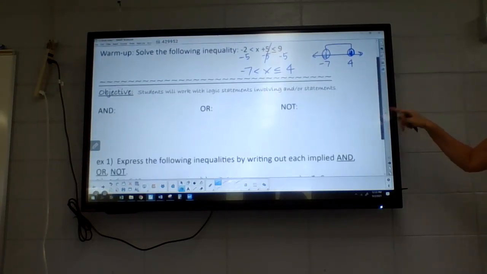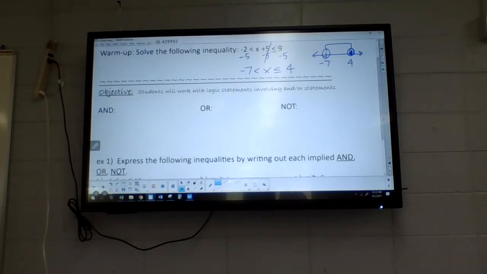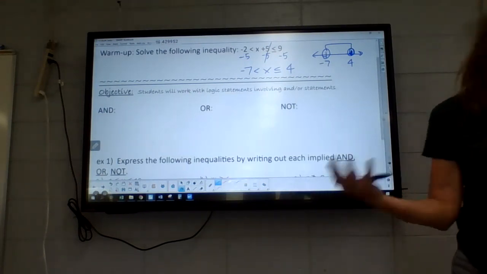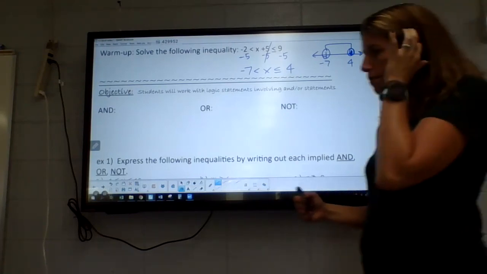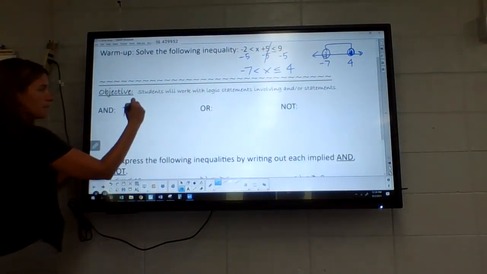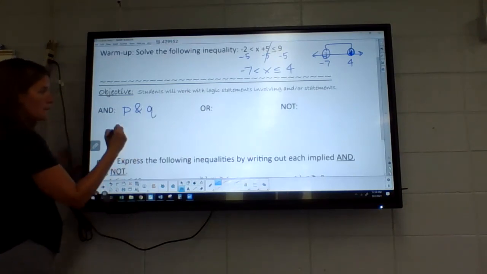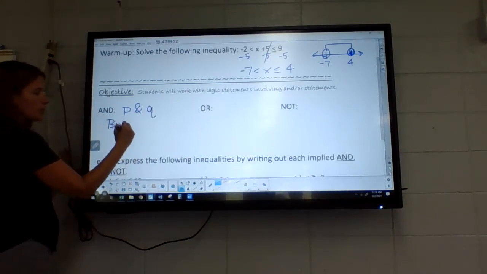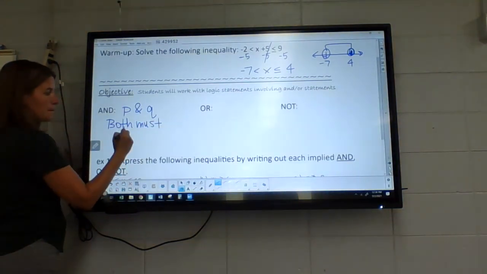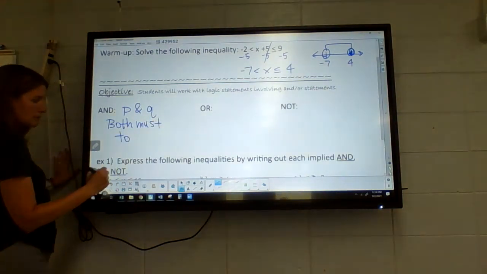So an and compound inequality, or an and statement in general, is both have to happen. So and is saying both A and B have to work, or whatever it is. So if we're talking about P and Q, both must be true.